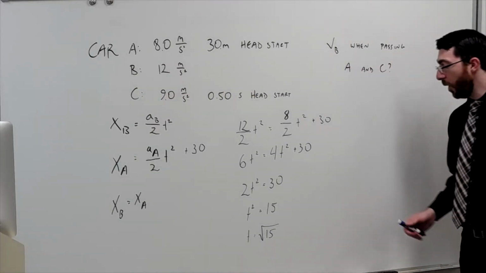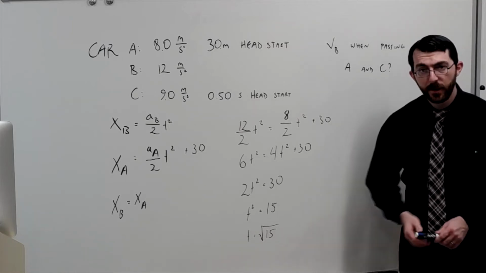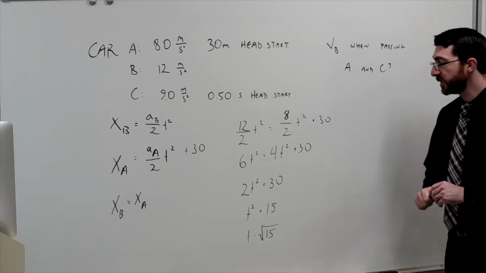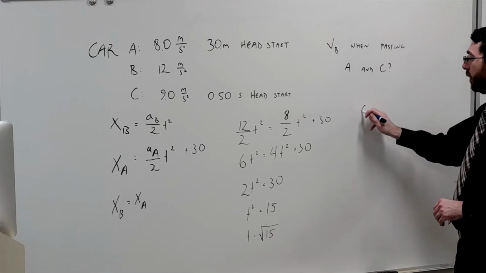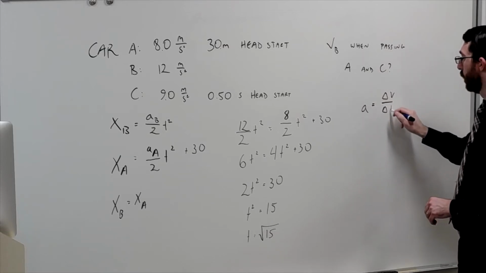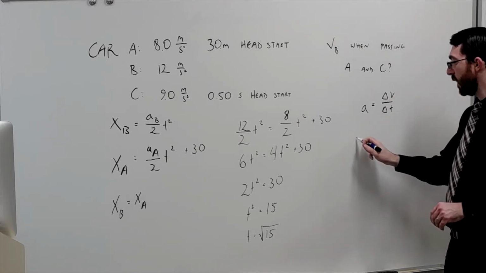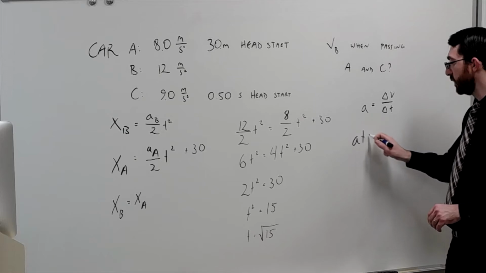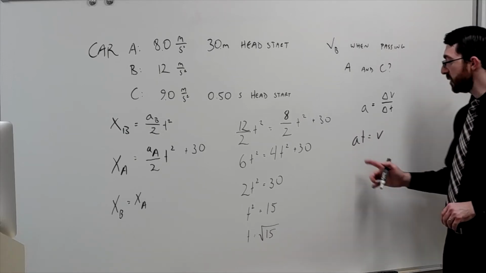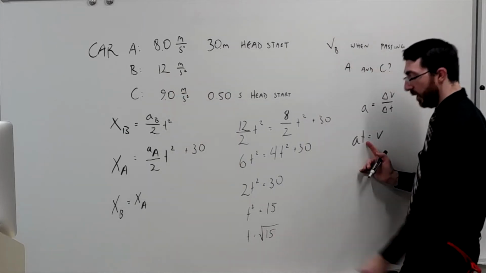Alright, now that we know when car B passed car A, now we need to know how fast car B was going when it passed car A. We'll be using this equation. If we're looking for the velocity, we can multiply the t to both sides and just kind of drop the deltas for simplification. I just need to multiply the acceleration, 12, by the time.